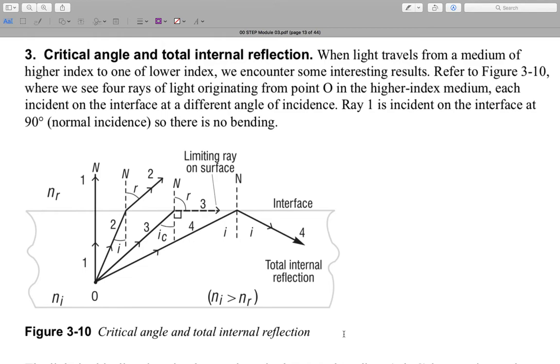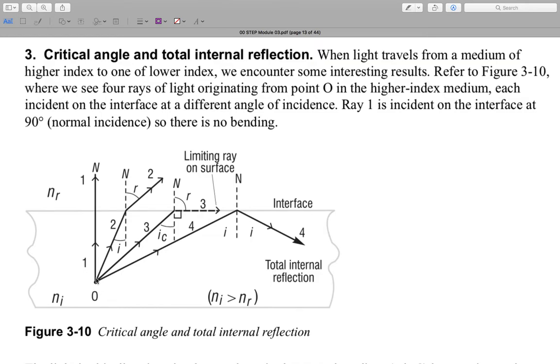When light travels from a medium of higher index to one of lower index, we encounter some interesting results. Refer to figure 3.10, where we see four rays of light originating from point O in the higher index medium, each incident on the interface at a different angle of incidence. Ray 1 is incident on the interface at 0 degrees, normal incidence, thus there is no bending.